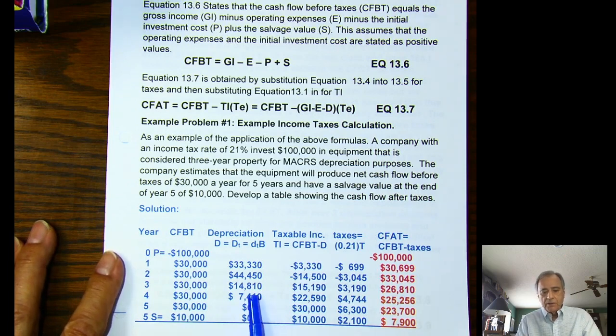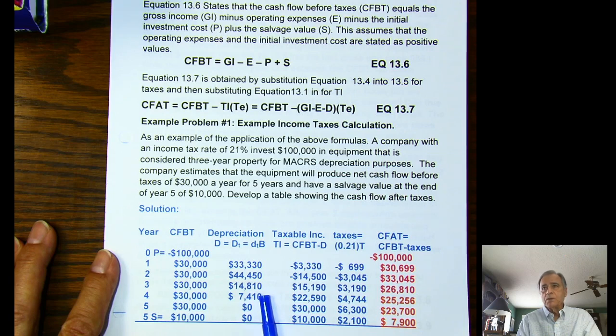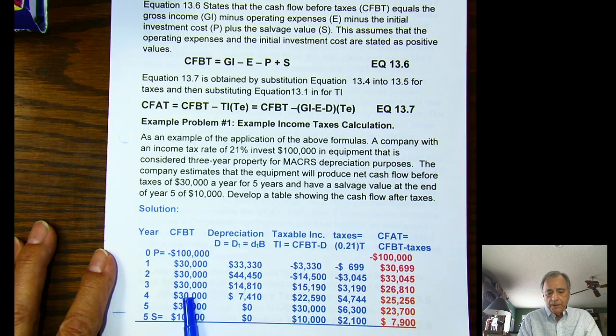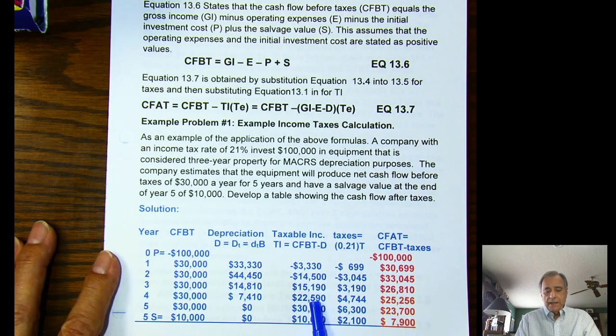The next year, my depreciation rate from the table in chapter 12 is 0.1481. When I multiply that times 100,000, I get a depreciation charge of $14,810, and I subtract that from the net operating income to give me taxable income, this time a plus $15,190, and then multiplying that times my tax rate of 21%, I get $3,190.